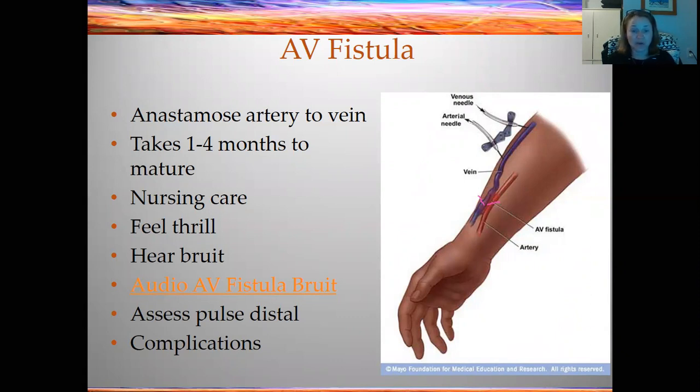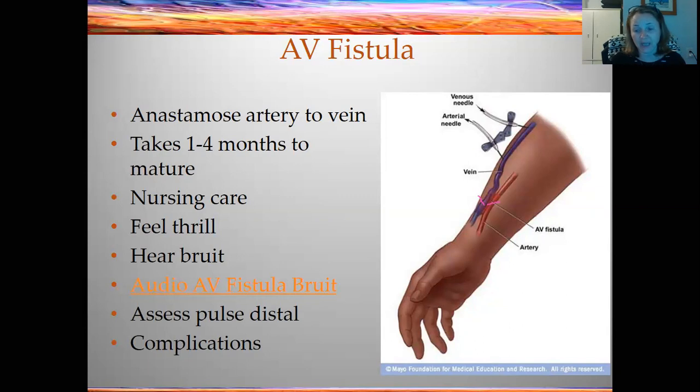So it has to have matured for several months before it's able to be used. You may have patients do things to encourage those vessels to increase in size, like squeezing a ball, performing hand exercises. This does last the longest, so it's going to be the best option for someone who is going to be on dialysis long-term.